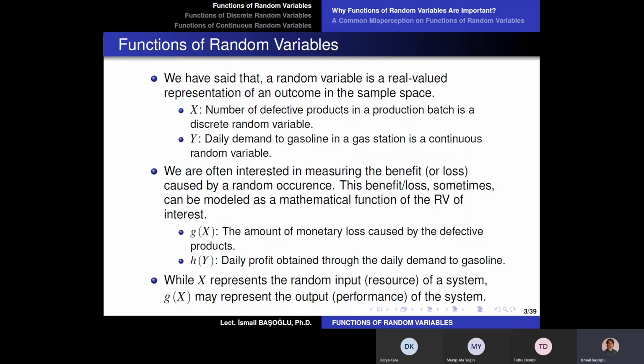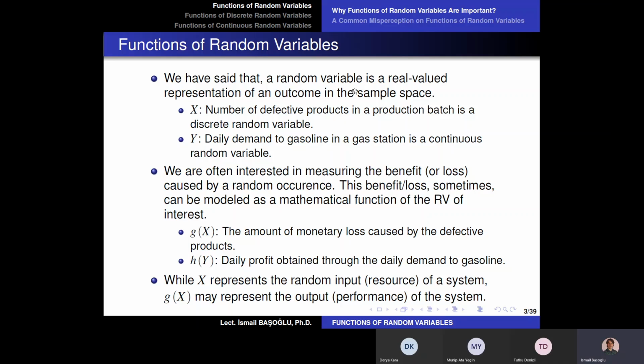Okay. Can you exactly predict it? You cannot exactly predict the profit that you are going to make at the end of the day, because you cannot exactly predict the gasoline that you are going to be selling on that day. The input is random, therefore the output is random. The input is random, therefore the function of that random variable is also random.